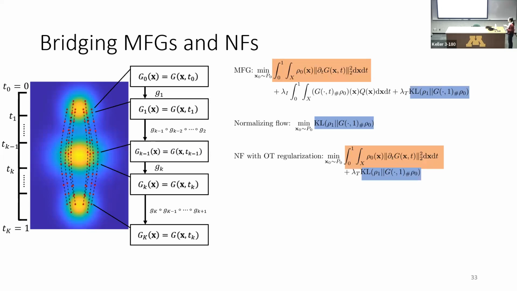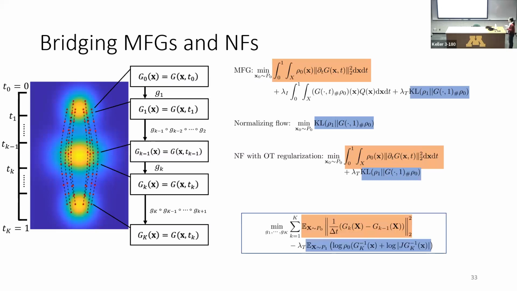So here is what we propose. We propose to train the normalizing flow with the KL divergence and in addition with the dynamic cost. In this way, we can still write the objective function based on G1, G2 until GK, and we train the normalizing flow with this new objective function.